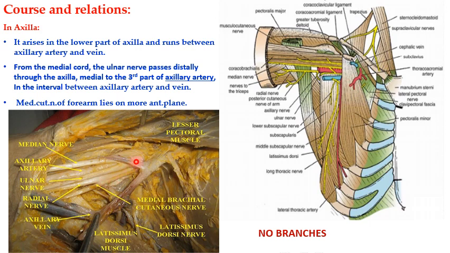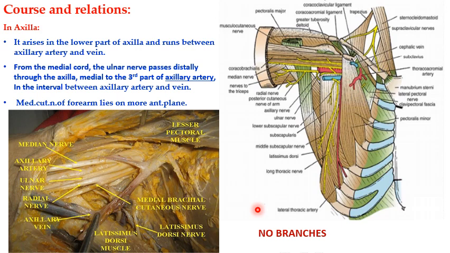The posterior most, this is the axillary artery, right? So this is the posterior cord, and this posterior continuation of the posterior cord is the radial nerve. So this being the ulnar nerve will be more posteriorly placed than the medial cutaneous nerve of forearm.